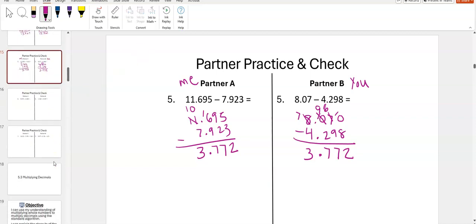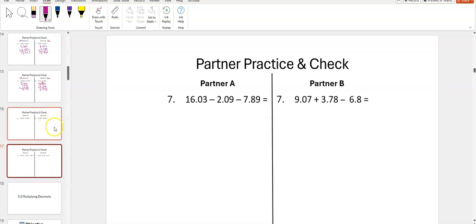We're going to jump to the last practice check. There's only one more other one, but I want to do this one because it is a multi-step one. Here I have 3 numbers that I have to either add or subtract. You're going to do like you would if there were 3 whole numbers. If it was 10 plus 5 plus 6, you would add the 10 and 5 first, and then add the 6.